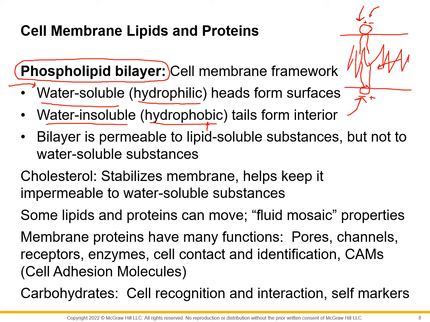And so we're going to see how our body develops channels and pores that allow things that we want to go through. But fat soluble things, lipid soluble substances, since they are not charged, can slip right through, and they will always move down a concentration gradient because they can move through the cell membrane like it is not there. And so that's why it is selectively permeable.